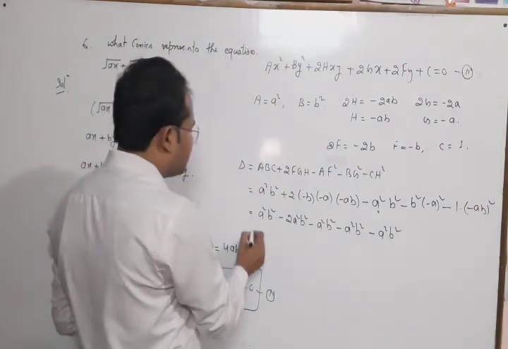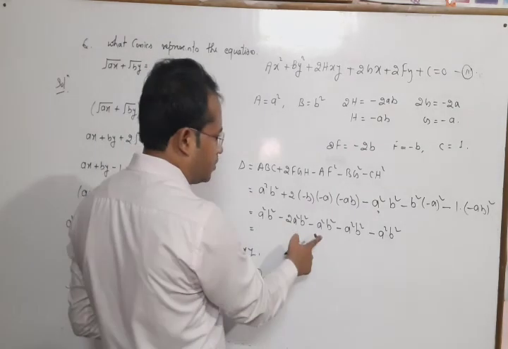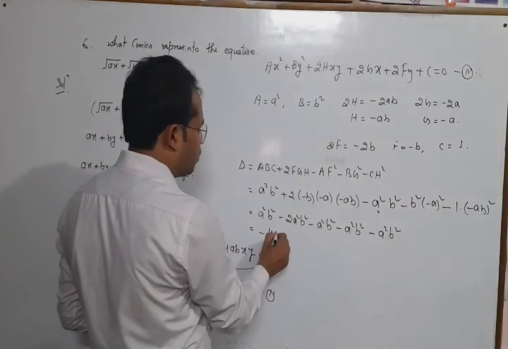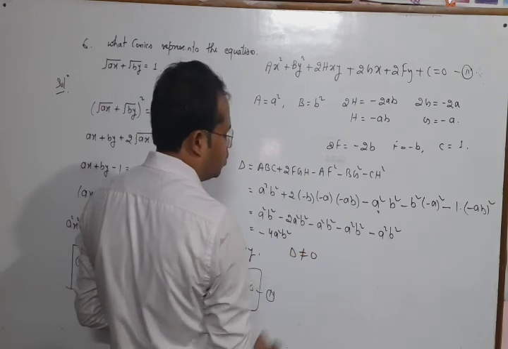You can see that we get positive a square b square one time, and minus 2, 3, 4, 5, so minus 4 a square b square. It means delta does not equal 0.